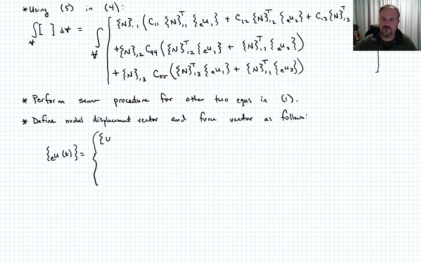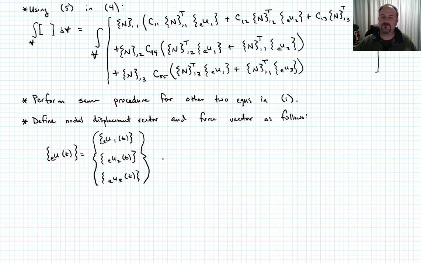The first 8 components are U1E as a function of t. The second 8 components are U2E as a function of t. And the third 8 components, so there's 24 now, it'd be U3E as a function of t. And we'll close that up.